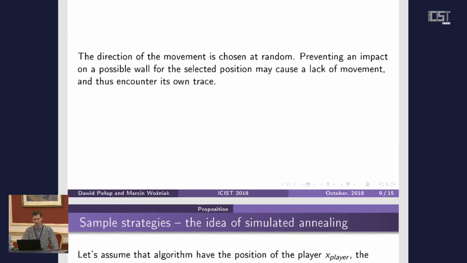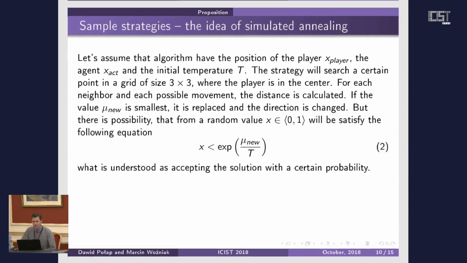The third one is inspired by simulated annealing. It's a heuristic algorithm used in metallurgy. And here we have some assumptions. We have two positions: the position of the player and the position of the computer. We have some initial temperature T at the beginning of the algorithm, which is a constant value. After that, we have the constant mu.